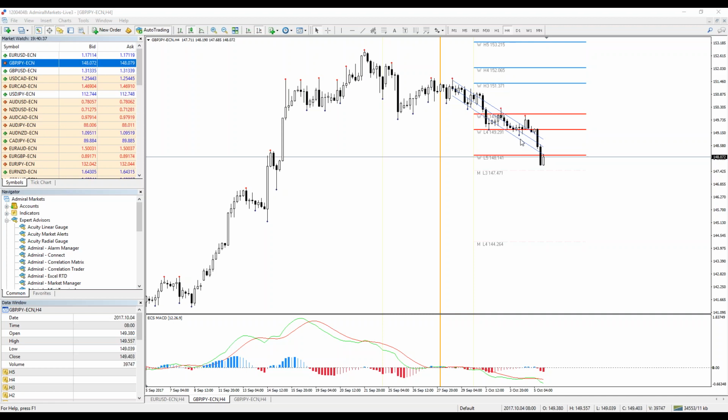It's not a repainter, because whenever you use a linear regression function on the chart, or a polynomial channel, you need to know that in the past it will adapt itself. But there is a remedy for that, and I will show you how you can check the past performance of these indicators.